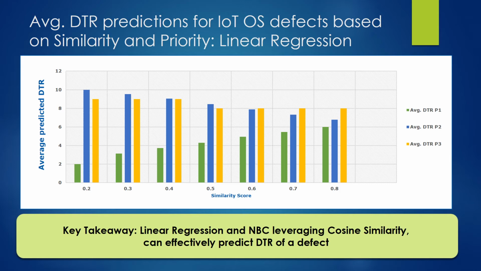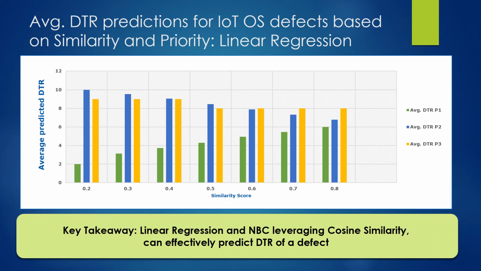This graph shows the average predicted DTR values against similarity scores ranging from 0.2 lowest to 0.8 highest for priorities P1, P2 and P3. We see that as the similarity between defects increases, the days to resolve a defect decreases for P2 and P3.